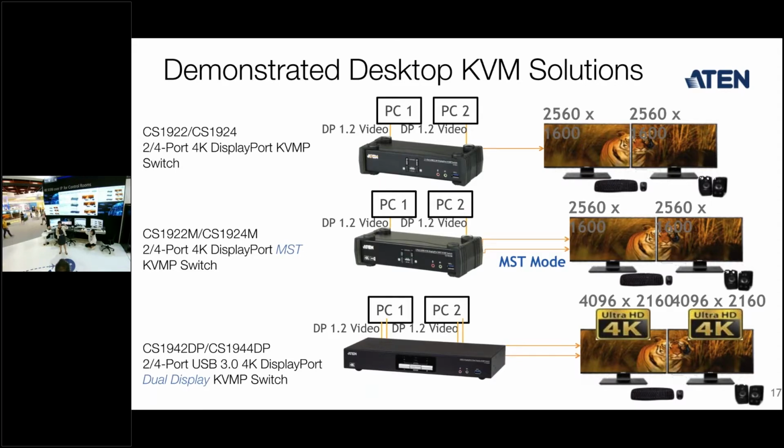You can see that there is only one yellow line to each PC and one single yellow line to the monitor. So how could they connect to dual monitors? Because it supports MST.